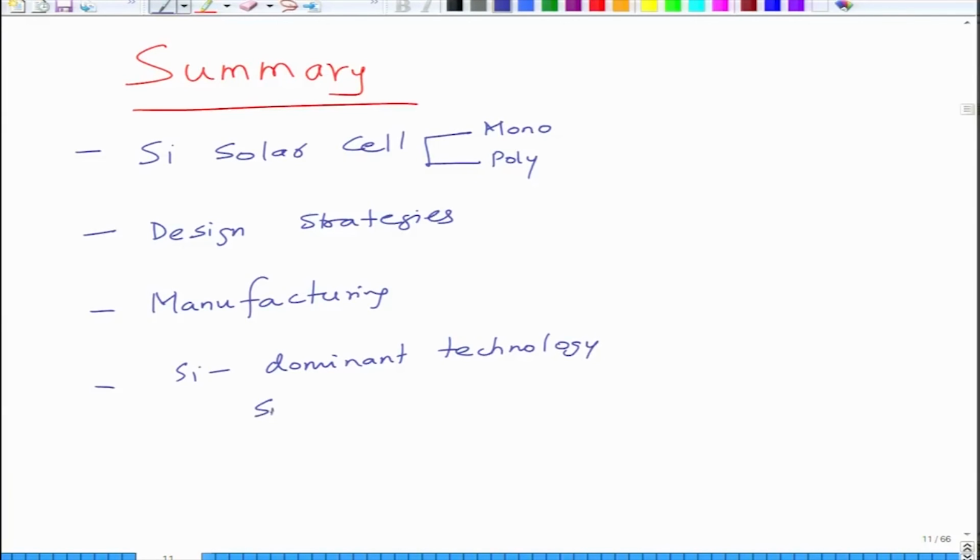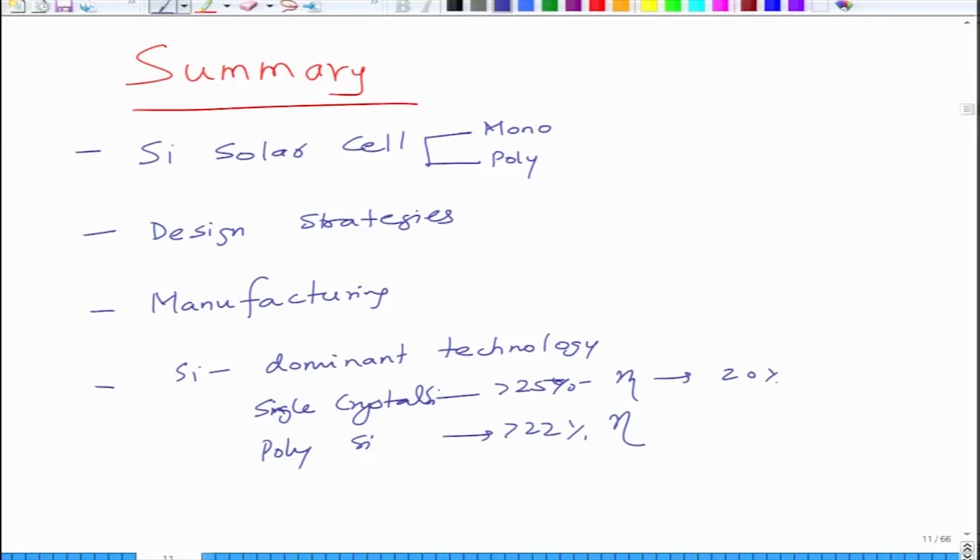Single crystal silicon has more than 25% efficiency and polysilicon has an efficiency of more than 22%. The modules are about 19-20% for single crystal, and for polysilicon the modules would be about 15-16%.